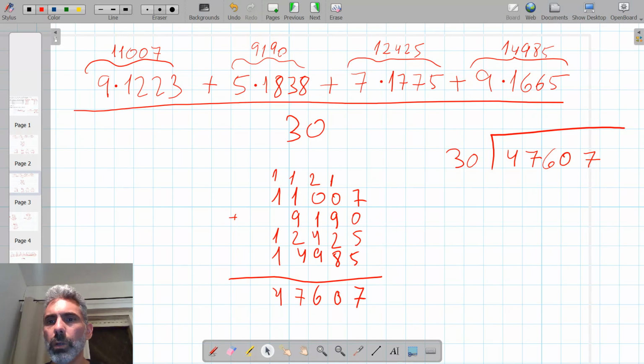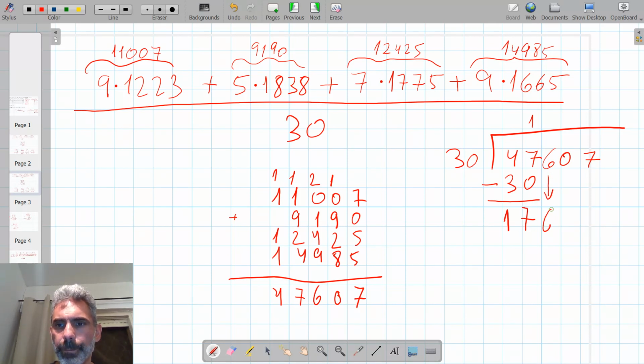Okay, 30 goes into 47 one time. 1 times 30 is 30. 47 minus 30 is 17. Bring down the 6. Because 30 doesn't go into 17, but it does go into 176.